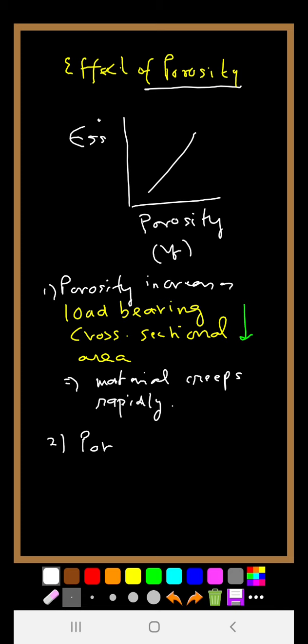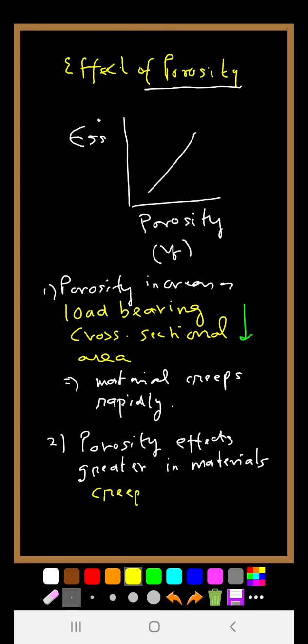So porosity effects are expected to be greater in materials for which the creep rate is more stress sensitive. That is a higher stress exponent.